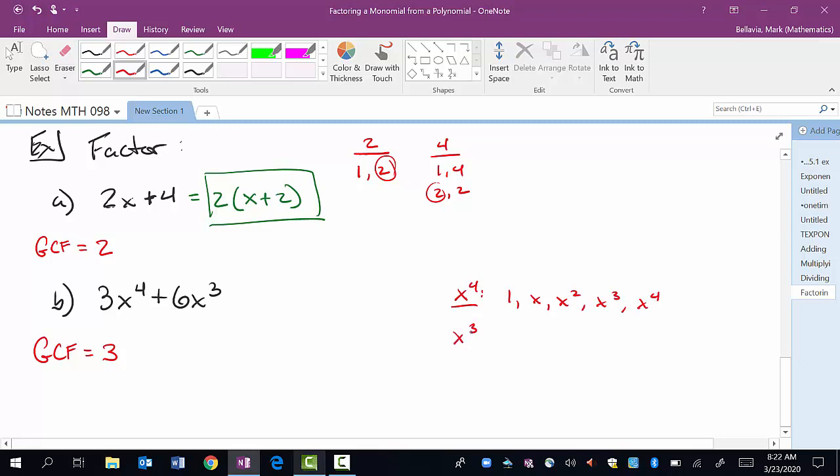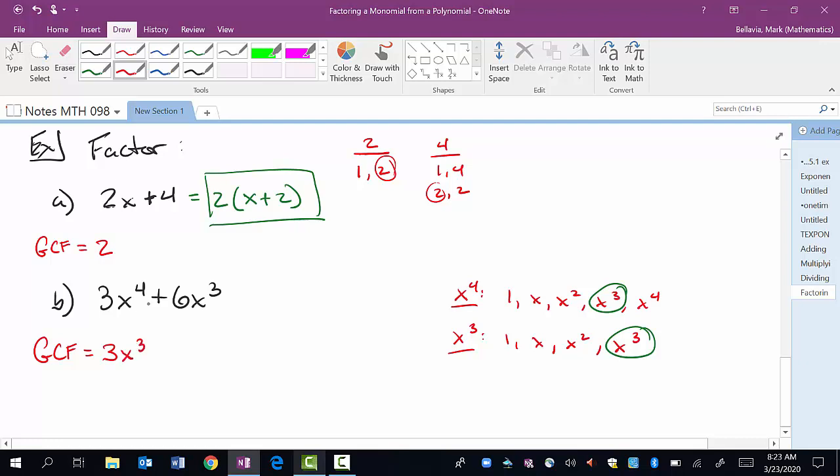The factors for x to the third would be 1, x, x squared, and x to the third. You're looking for the greatest one common to both lists, and that's x to the third. So my GCF here is going to be 3x to the third.